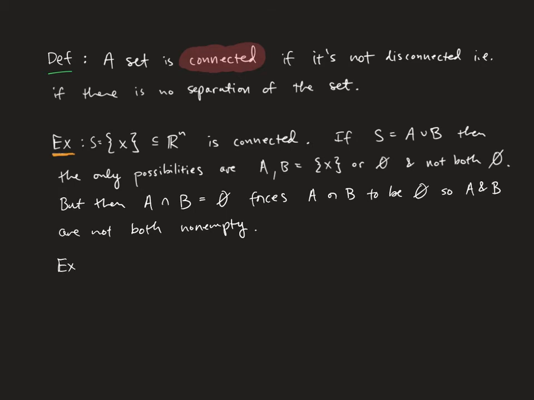Another example, even more trivial, is that the empty set is a connected set. So S equal to the empty set itself is connected. And that's just because if A union B equals S, then A and B are both the empty set.